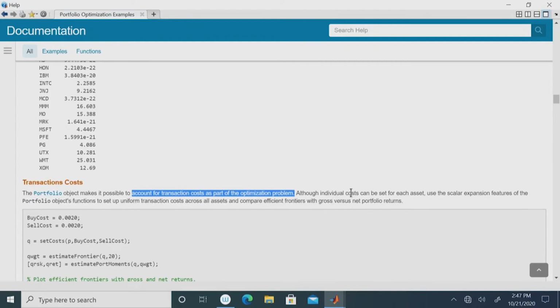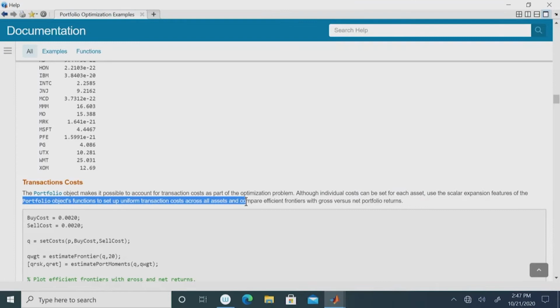Accordingly, we can set up individual costs for each asset. This is the transaction cost, for example, you might have to pay a brokerage. For illustrative purposes, we set up a uniform transaction cost across all assets, and once we do that, we can calculate the efficient frontiers of gross versus net.